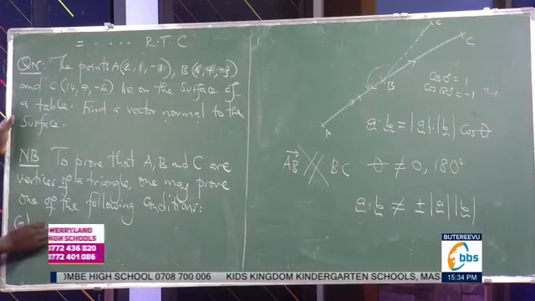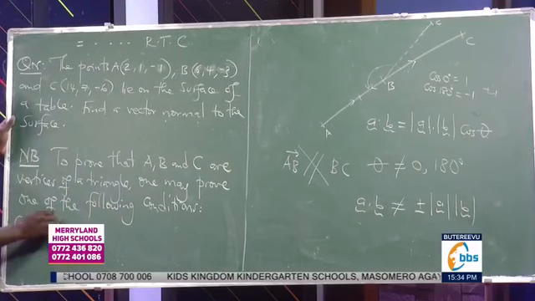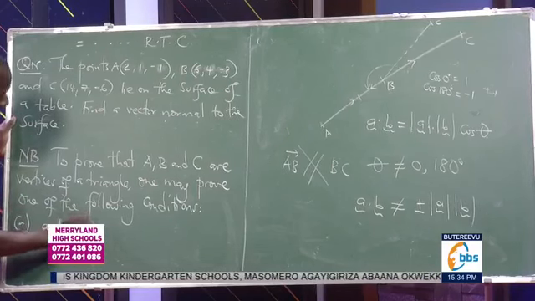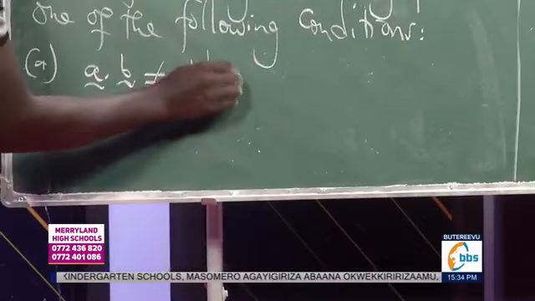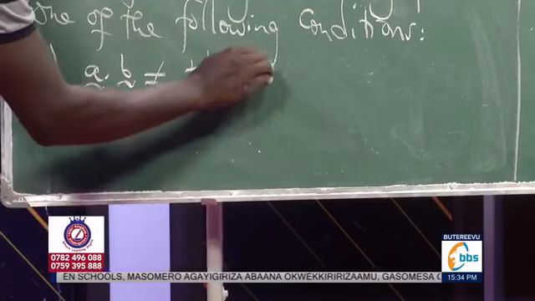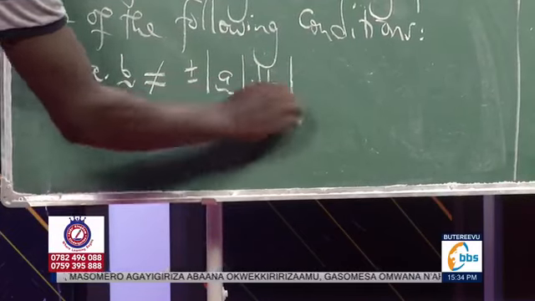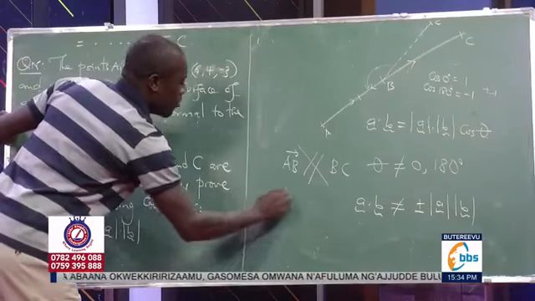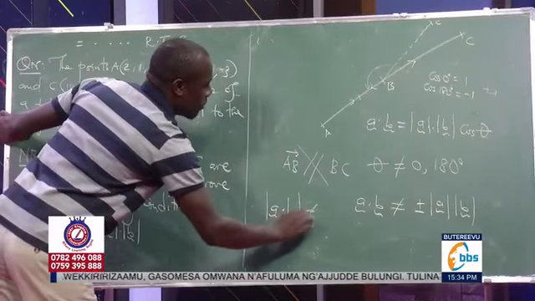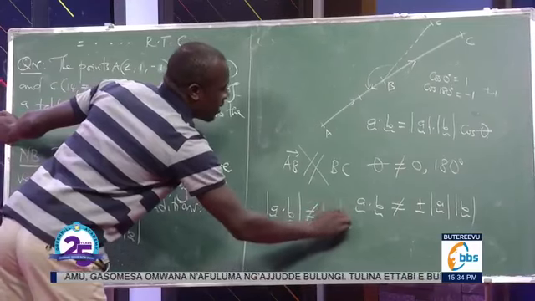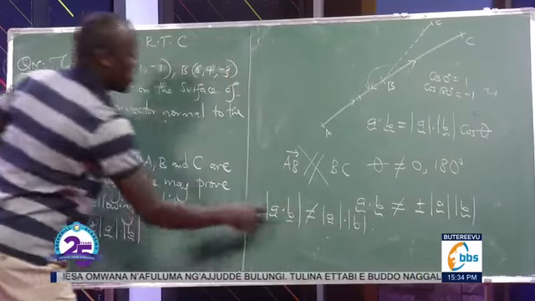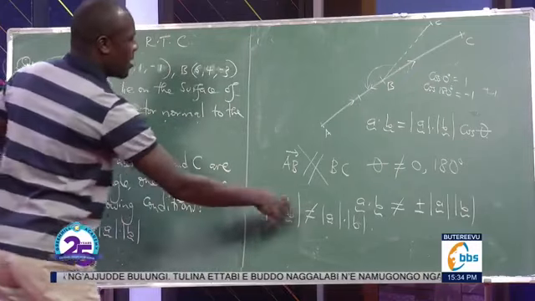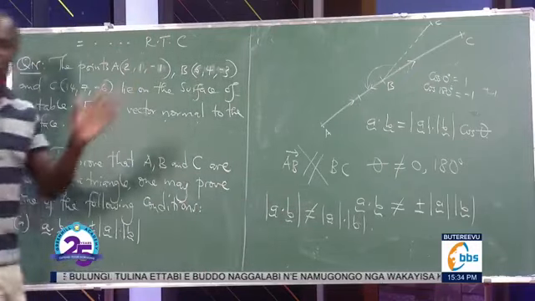But we are saying that A dot B should not be equal to plus or minus magnitude of A times magnitude of B. Or you could even just say the magnitude of A dot B should not be equal to magnitude of A times magnitude of B. Of course, this is just a number, but this now means its absolute value.